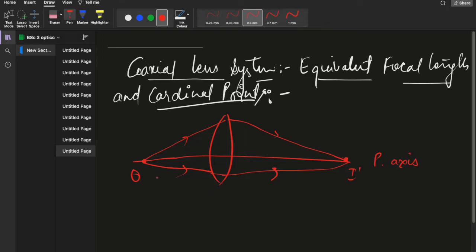If the object is behind the lens, say this is L1 of focal length F1. Focal length of this lens is F1.